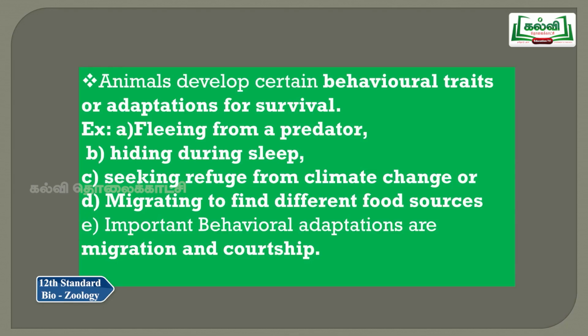The third one is seeking refuge from climate change. They go into hibernation or go to very warm places where they can avoid the climate changes. The fourth one is migrating to find different food sources. If they don't get food at a proper place, they go in search of food where they get it.